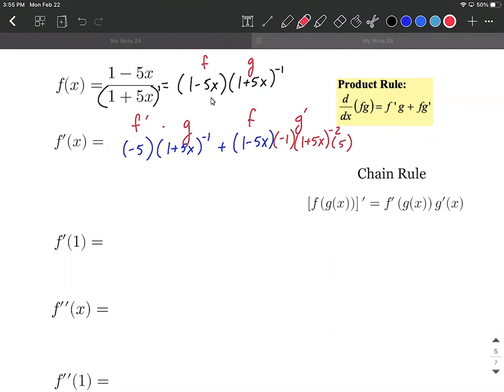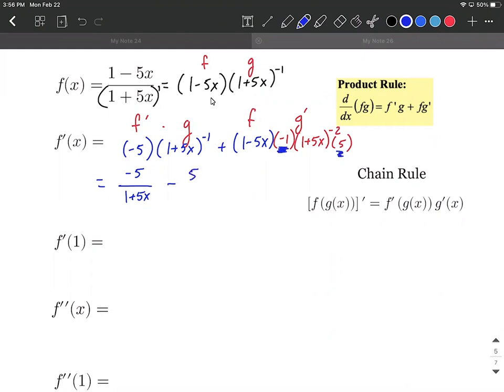All right, now comes some simplifying, seeing if we can combine anything together and make it look a little bit nicer. So I'm going to get rid of my negative exponents and rewrite this so it's all positive exponents. So we have negative 5 over (1 plus 5x) raised to the positive first power. And then looking at the right-hand side, we have negative 1 times positive 5.